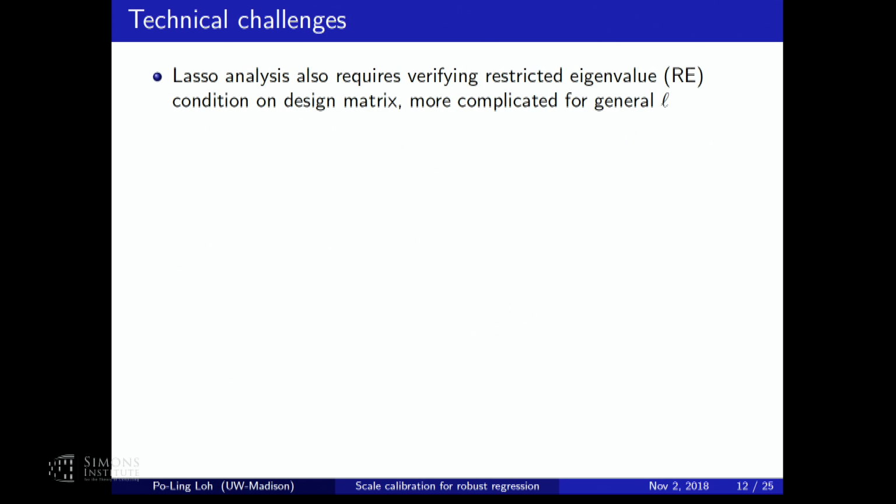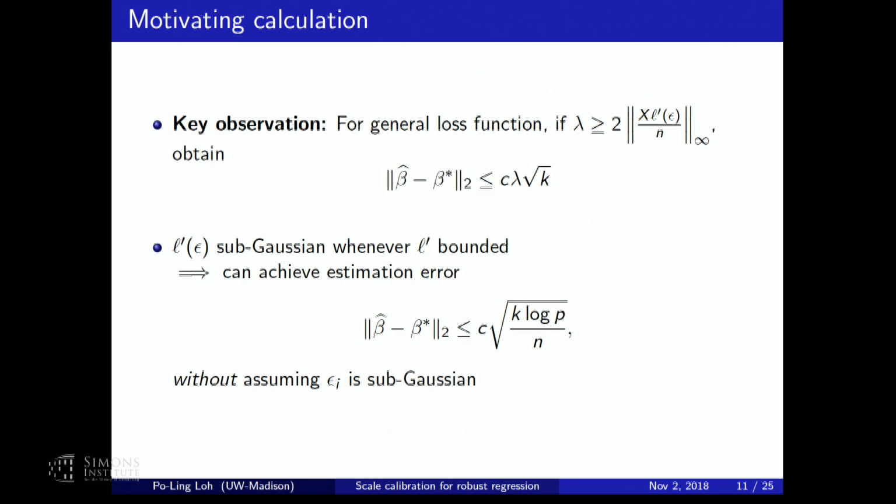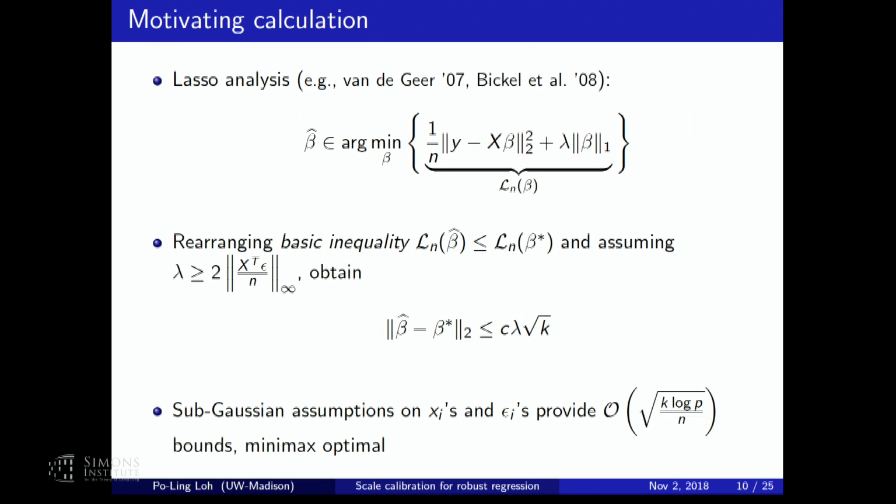Okay. All right, so of course, the technical challenges are that I only showed part of the equation. One thing I did was only show you a small sketch of a proof for global optima. Another thing is that, as you know, a lot of the hard work in showing these high-dimensional results comes in analyzing things like a restricted eigenvalue condition. So it's not quite as simple as saying, well, write down the basic inequality and then get this inequality.